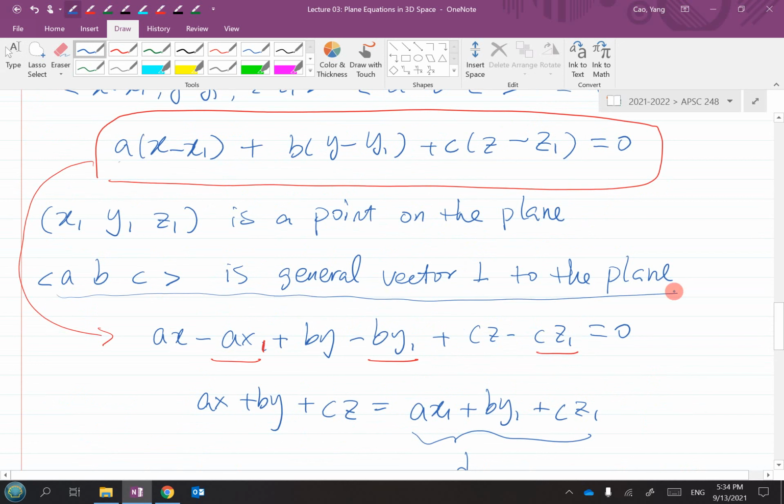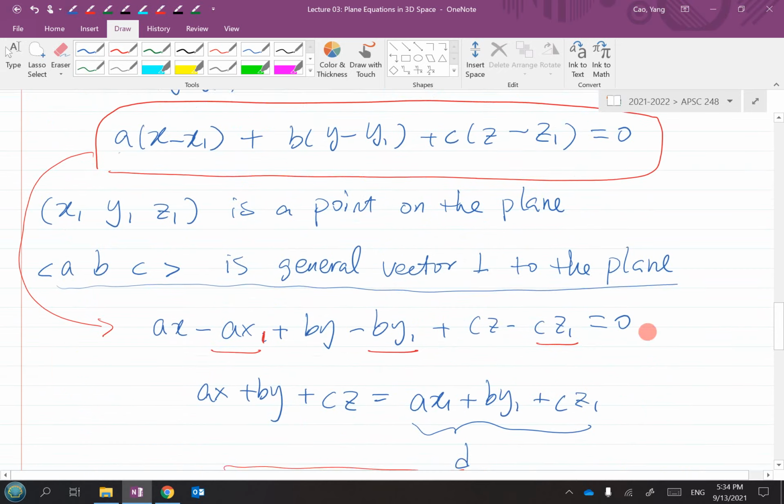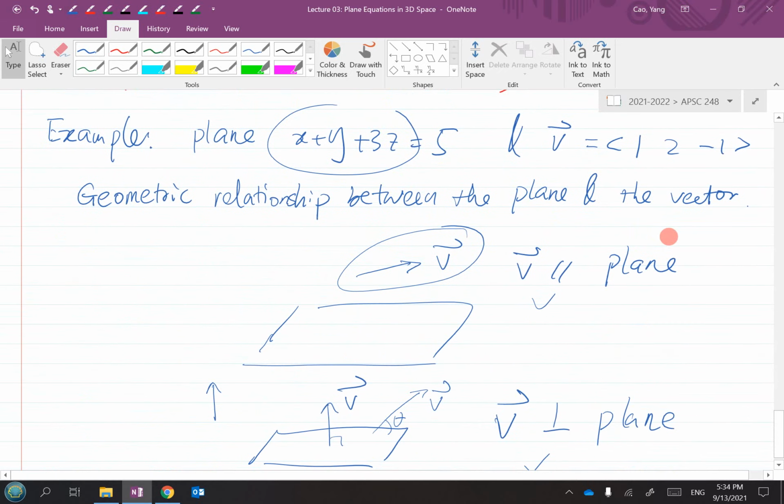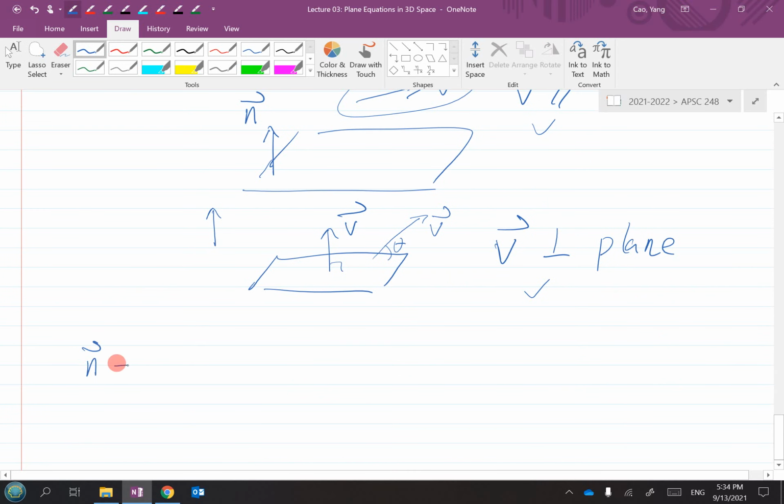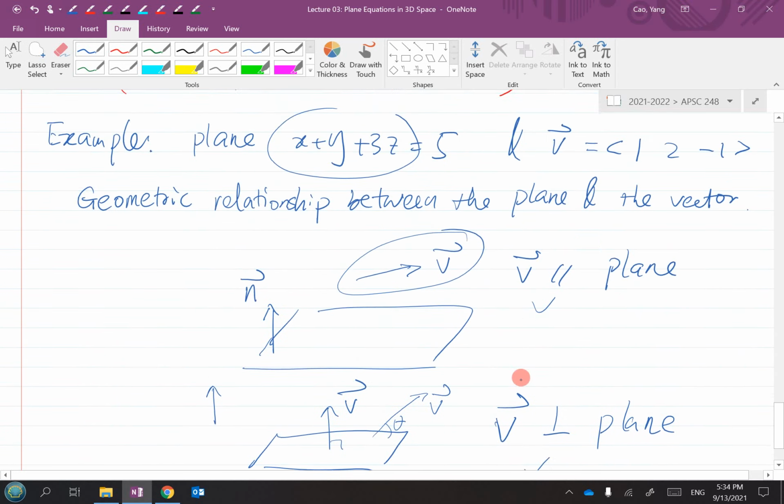It's a vector perpendicular to the plane. So I think that can give me some information. I'm going to draw a vector perpendicular to the plane, and before I do anything, I can just write it down. The n here equals, what's the plane equation? 1, 1, 3.